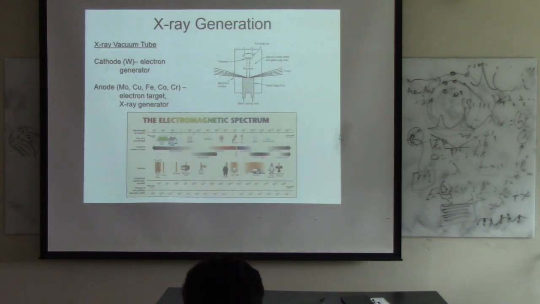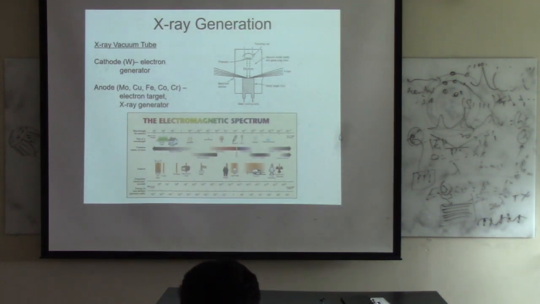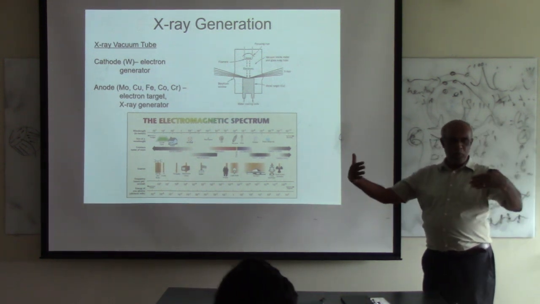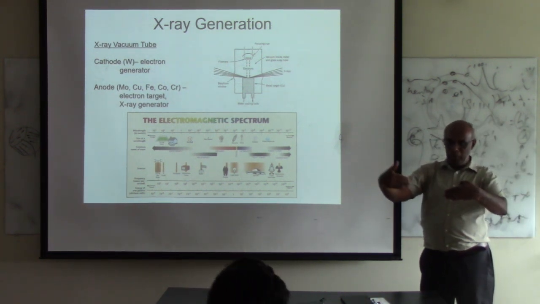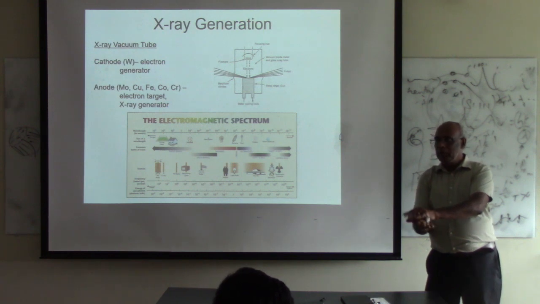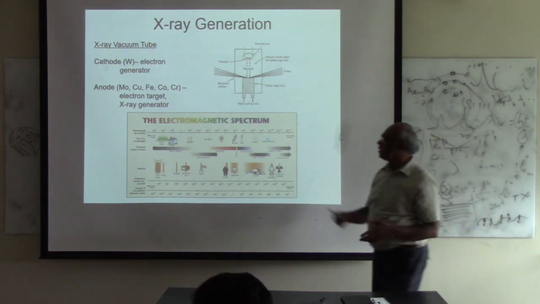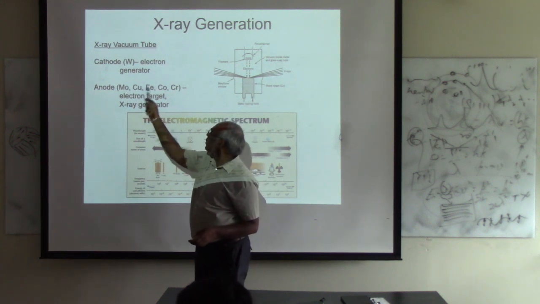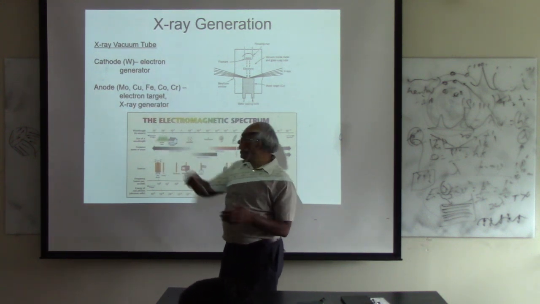Okay, so how do you generate X-rays? Anybody remember? To generate X-rays, you have to have some high energy electrons incident on some metal, right? So metal can be anything, typically in ours we use copper. So you can have any of these metals. So then what happens?